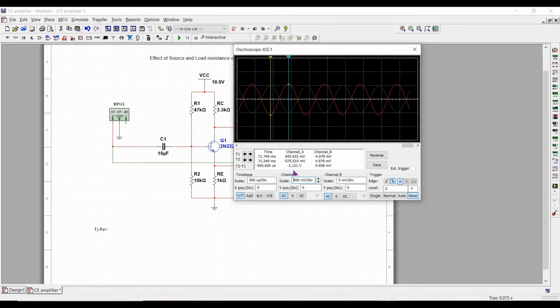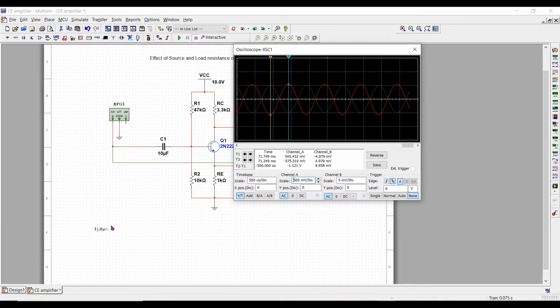So T2 minus T1, across it, see the value at channel A. It is minus 1.21 volts. So that is the output waveform, and across that T2 minus T1, the value in channel B is 9.958 millivolts, that is the peak to peak value of the input.